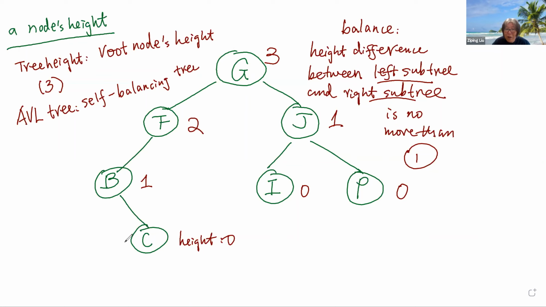Regarding node C, the height difference is what? The left and right subtrees are both 0, so the height difference is 0. And then how about node B? For node B, the left height is 0 and the right subtree height is 1.